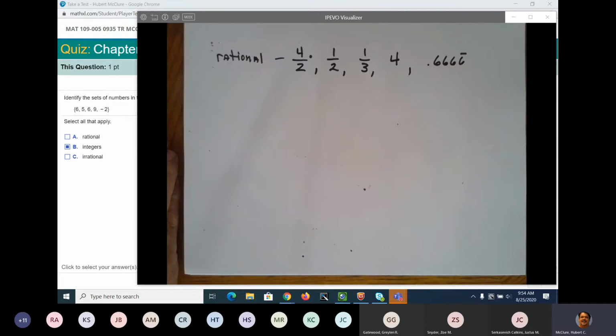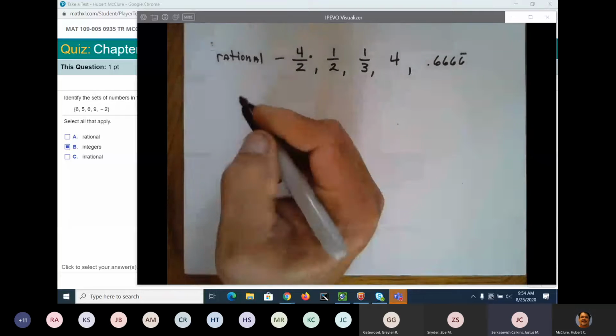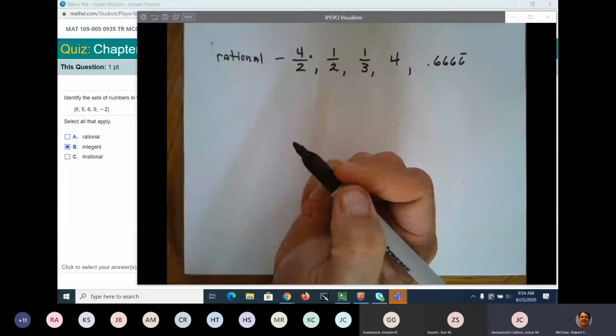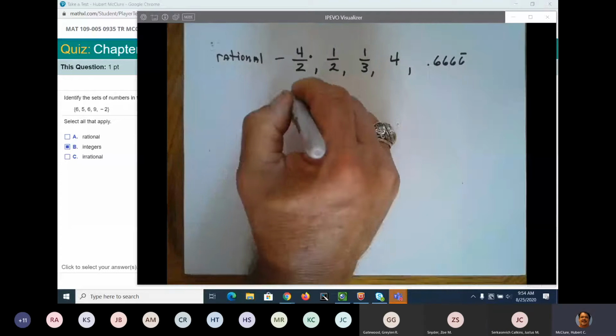You got to think outside the box here, because a lot of people don't think outside the box when it comes to rational and irrational. Decimals? Is it because they're all like fractions, and when you divide them, they're equal to decimals? Okay, I think that's where you're heading with this.